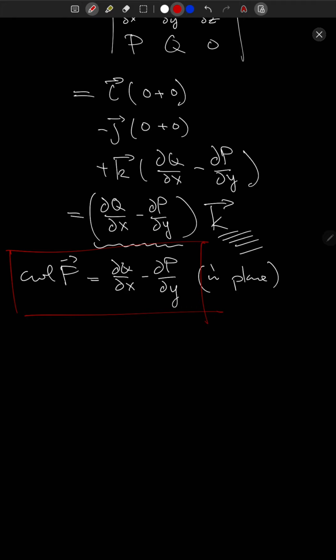Again, it looks weird. Why would we care about this particular combination of derivatives of q and derivatives of p? But we'll see the physical meaning in just a few minutes. In terms of computation, it's just as easy as it seems. Whatever function p is, you take dp/dy.